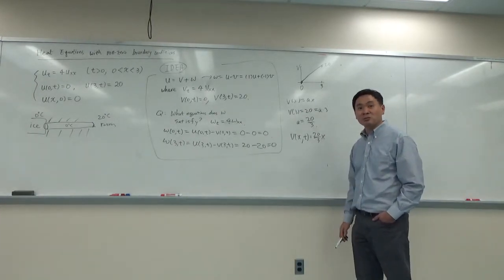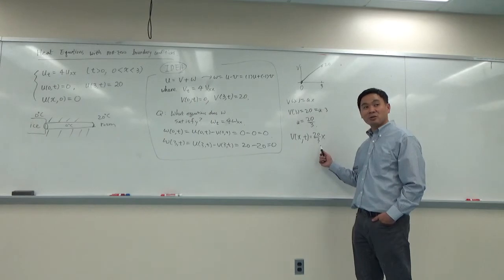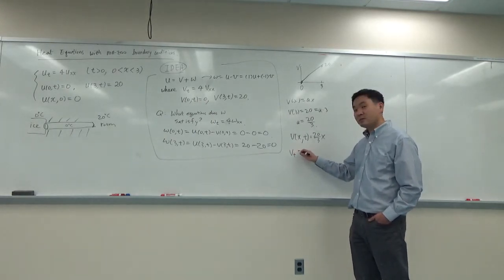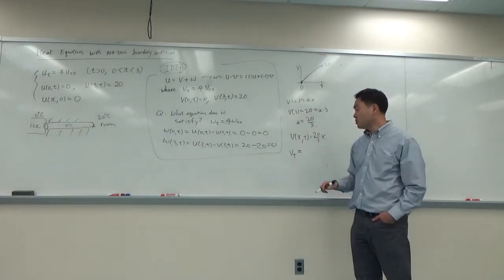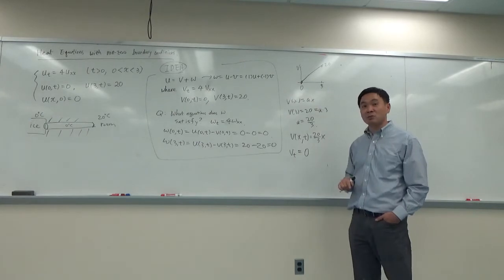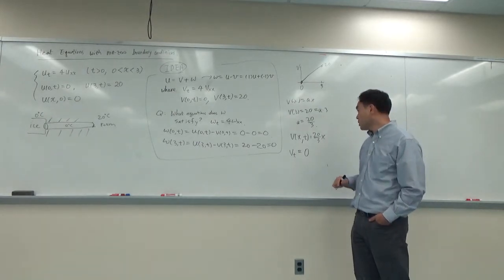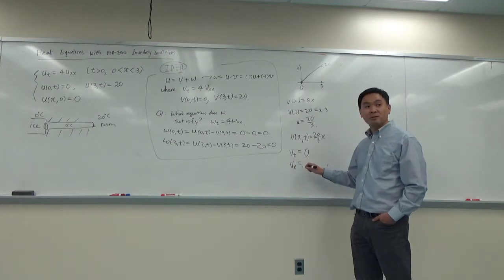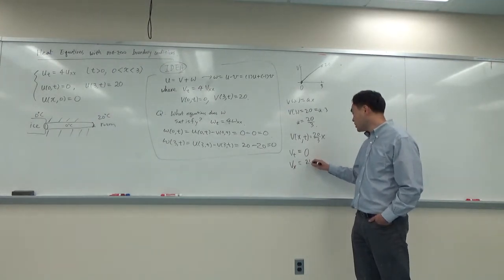Now the next question is, does this really satisfy the heat equation? What do you get if you do Vt? 0. You get 0 because it doesn't have any t. If you differentiate by t, it's going to give you 0, right? All right. What do you get if you differentiate by x? 20 over 3.